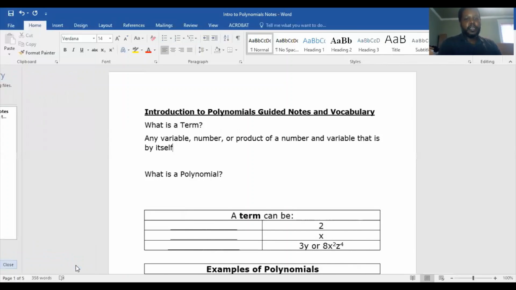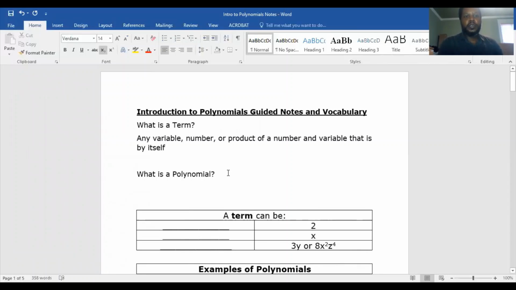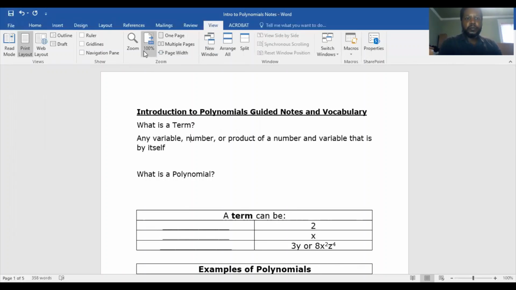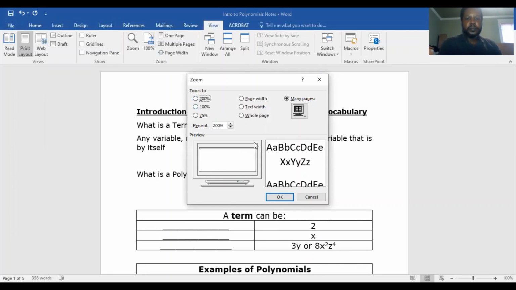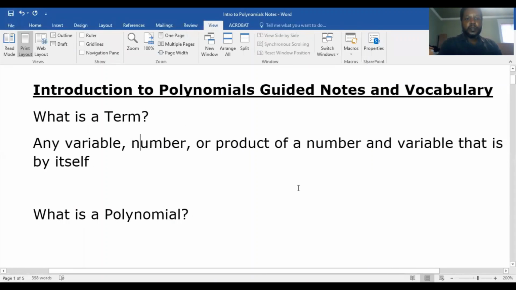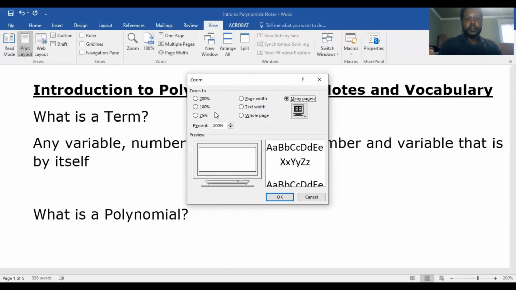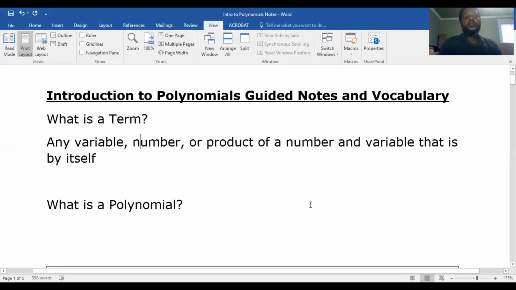All right, so that is a term. A variable, number, or product of a number and variable that is by itself is considered a term. We'll look at examples of terms in just a second, but I just wanted to make sure that we have that definition of what a term is.